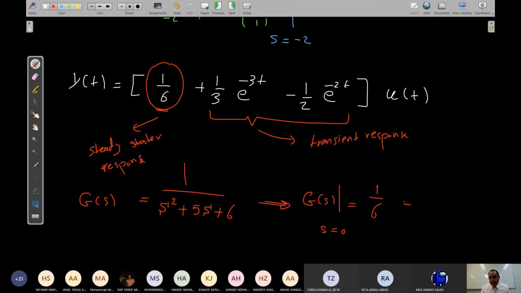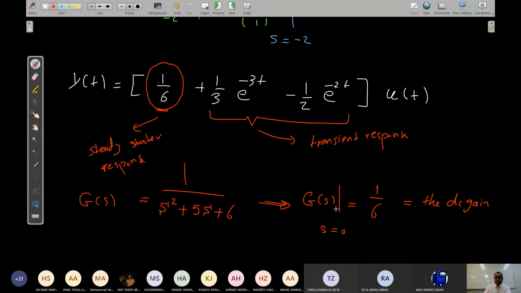And this is what we call the DC gain. So simply the value of the transfer function at s equal to 0 specifies the gain. So here the system is attenuating the input, amplifying the input, or maintaining the input? Attenuating, because the gain is less than 1, correct? Yes, this is what we call the DC gain.